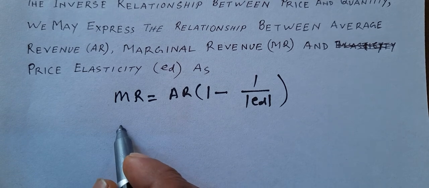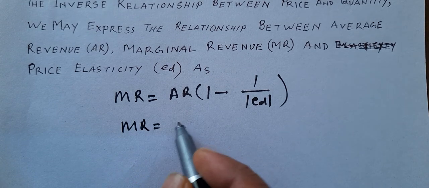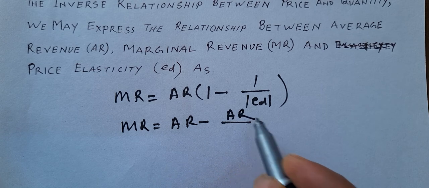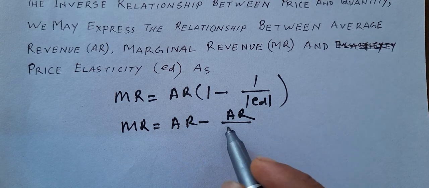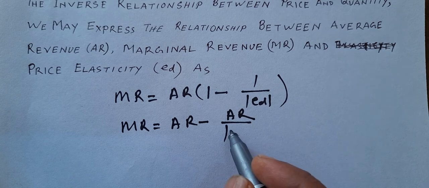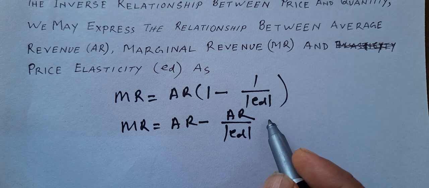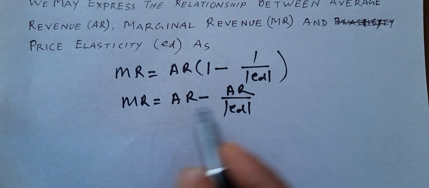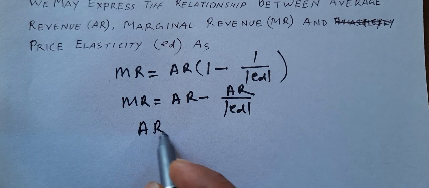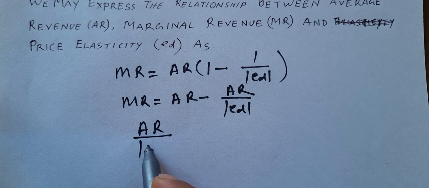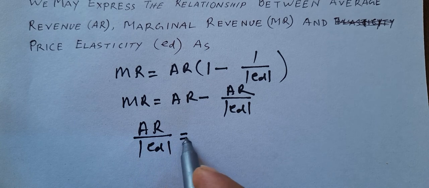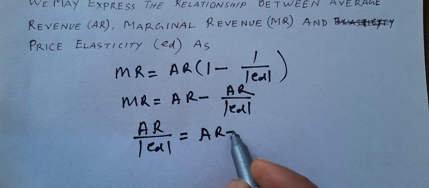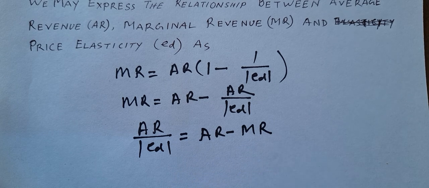So MR can be written as AR minus AR by ED. Removing this bracket, we may write it this way. Here, take this portion: AR by elasticity of demand is equal to average revenue minus marginal revenue.